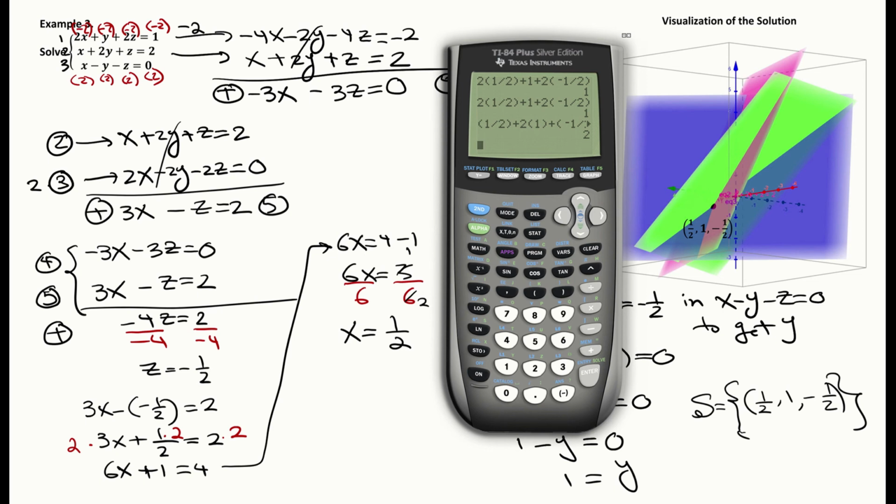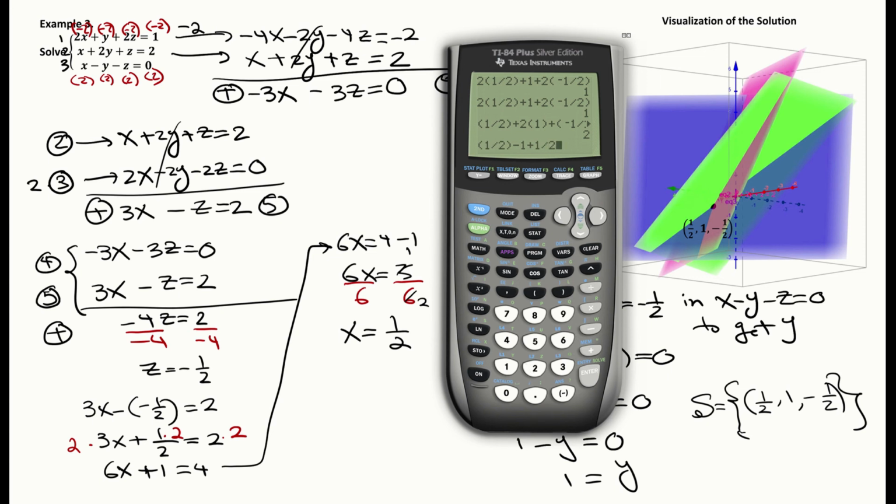The last equation, we have x, which is 1/2, and those parentheses are actually optional. It's just a habit I have to contain those in parentheses, but they are optional. -1 minus -1/2, which actually just becomes plus 1/2.